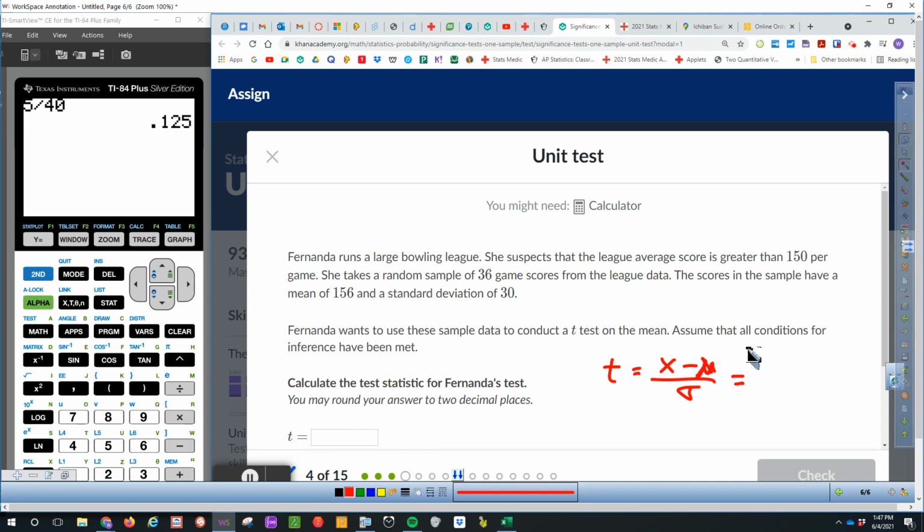This is the population mean. But since we're not given the population, we are given a sample, right? So it'll be x bar minus mu, right? Which is a sample. This is the standard deviation. So by right, this is 156, and this is 30, and this one should be 150, right?